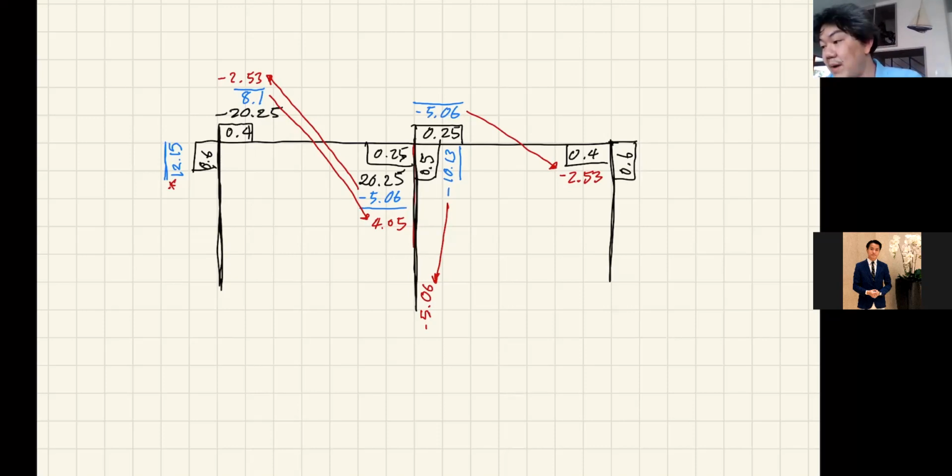So now it's time to balance it, okay? Let's begin here, it looks easier. Now you have unbalanced moment of minus 2.53. So I'm gonna balance it. I need 2.53 and 40% is gonna come from this member. So this is 1.01 and another is 1.52 here.